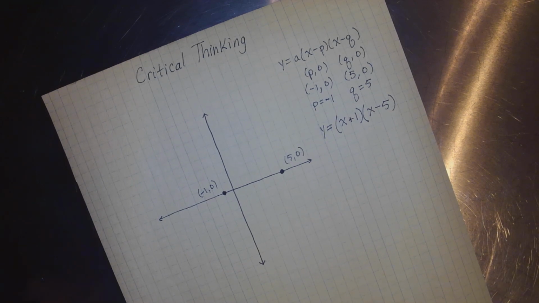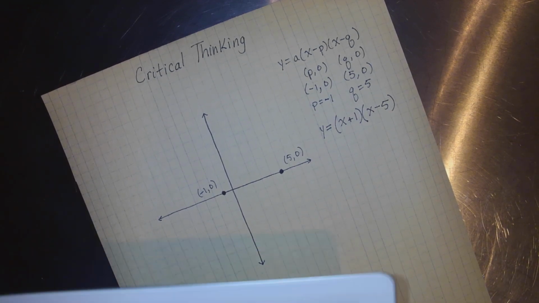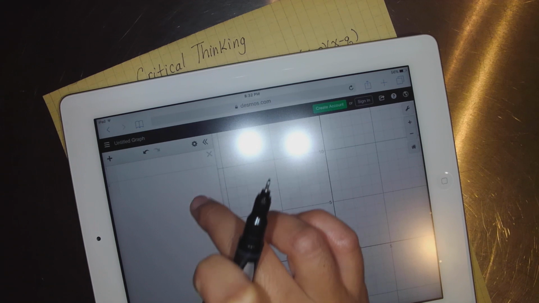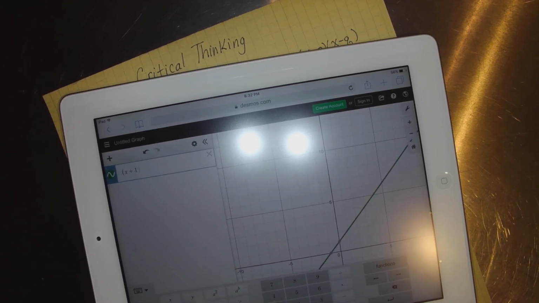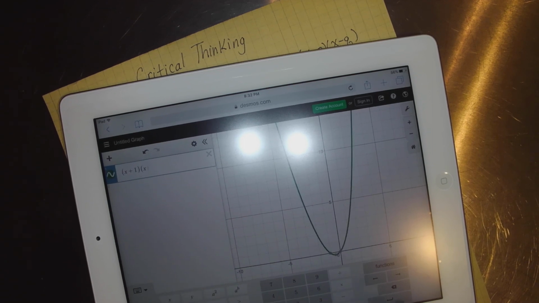Let's take a look. What would that graph look like? We have x plus 1, x minus 5. Typing that in, x plus 1, and then x minus 5.